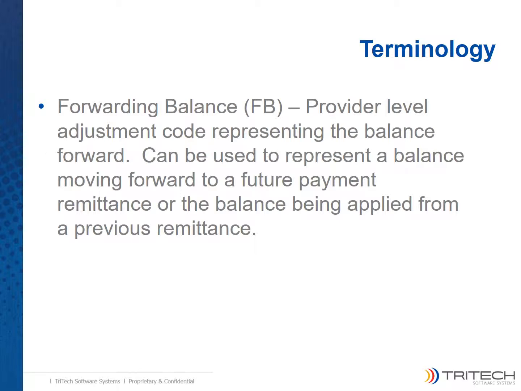That definition applies to the HIPAA 5010 specification for remittance files as a whole. In practice, Medicare uses the FB to represent a balance moving forward to a future remittance transaction.